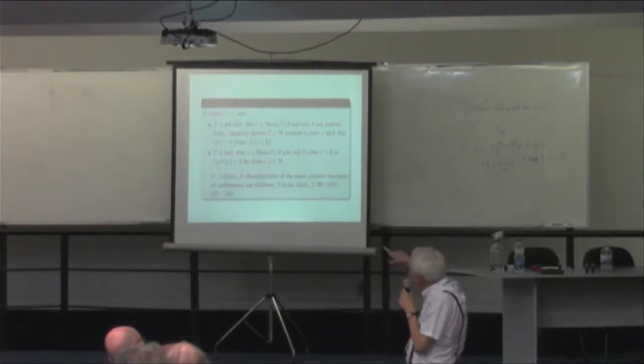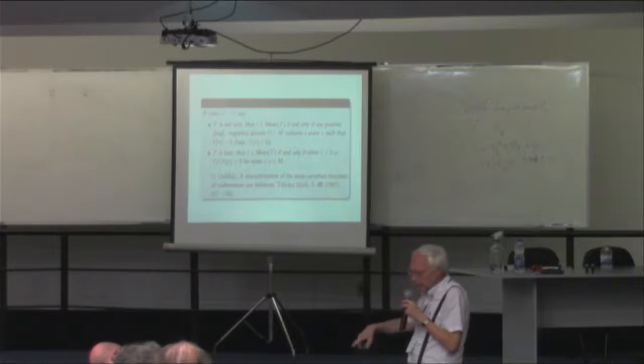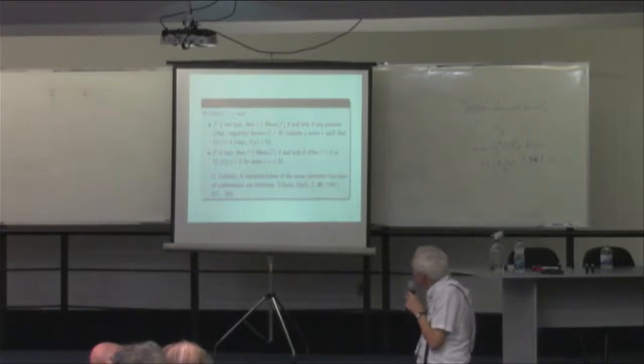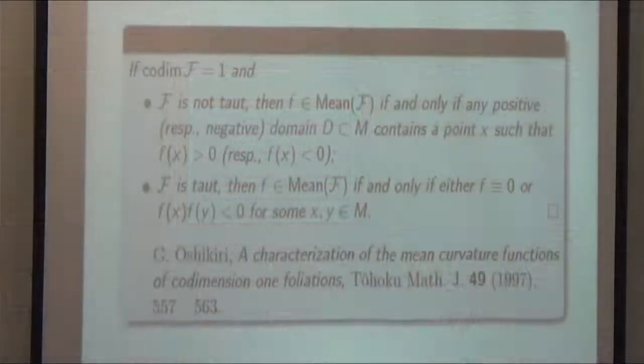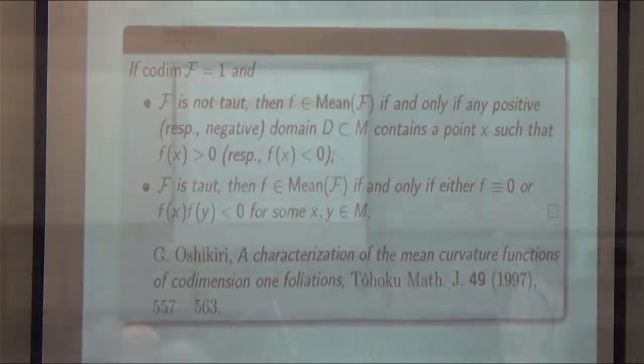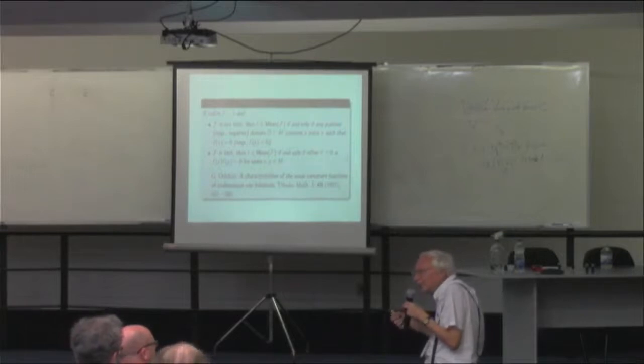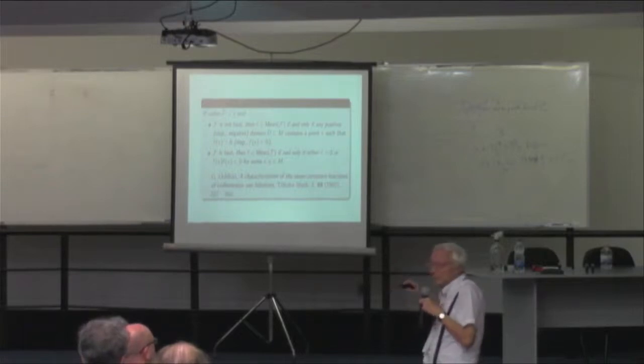So if F is not taut, it contains these positive and negative domains, and then the function f becomes mean curvature for some Riemannian metric if and only if it is positive or negative at some points of any positive or negative domain. So I think this is a very nice result, showing that in fact these obstructions are very, very weak. Just proper sign at some particular points.